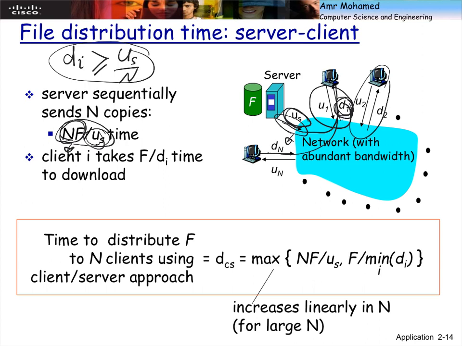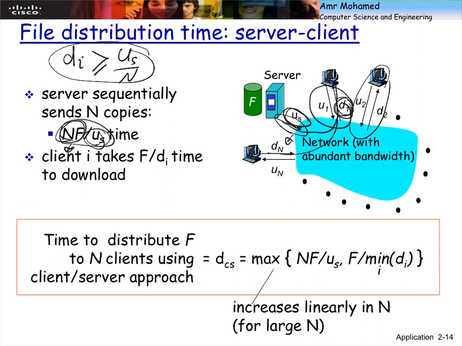So if each DI is more than US over N, then any information that I send to any of the clients, the client will be able to absorb with no problem because there's no bottleneck. But once the DI becomes less than US over N, this client will be a bottleneck, so I have to slow down.